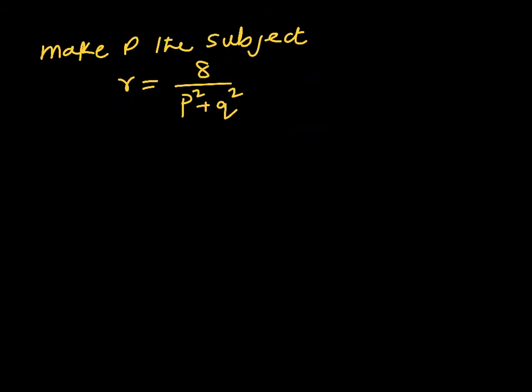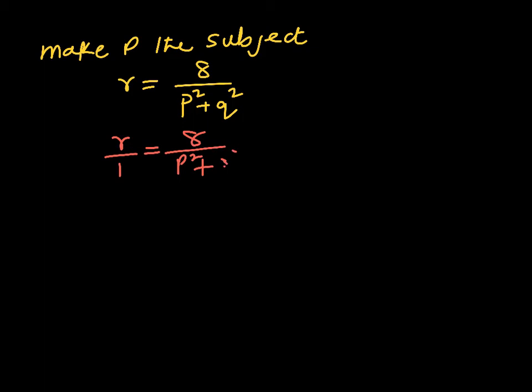Make P the subject of this formula. So R is equal to 8 over P squared plus Q squared. Remember, when you have a fraction on one side, you also want to turn the other one into a fraction. So this becomes R over 1 is equal to 8 over P squared plus Q squared.